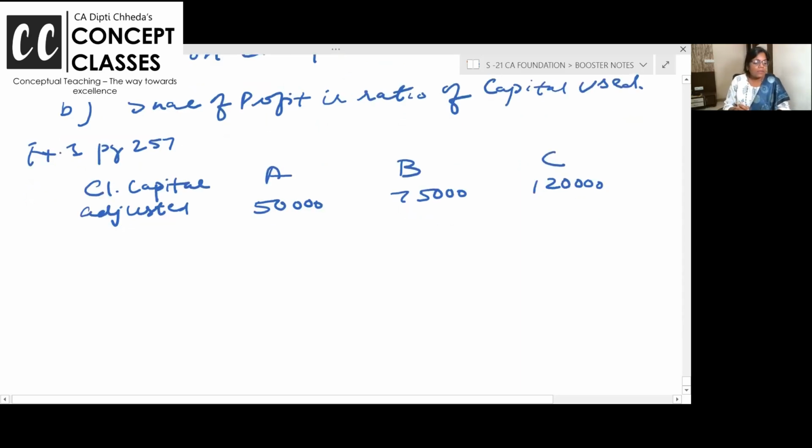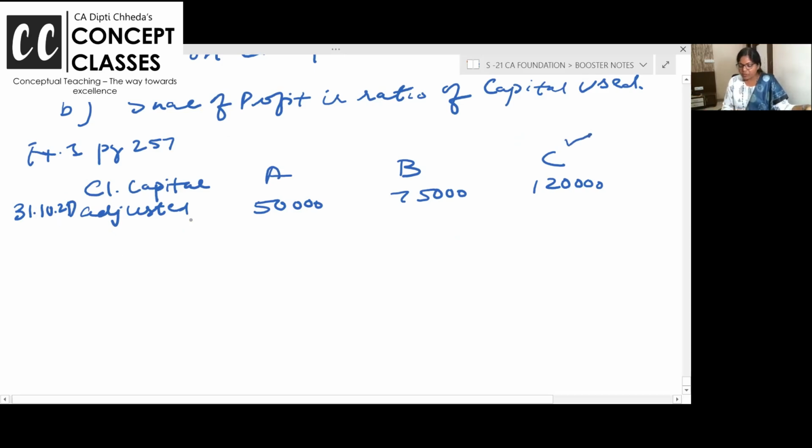कब? On the date, on 31st October 21, the day C retired or C died.